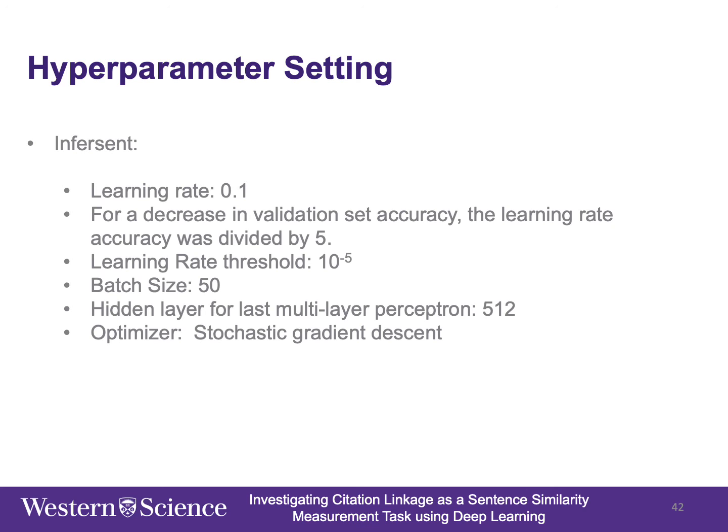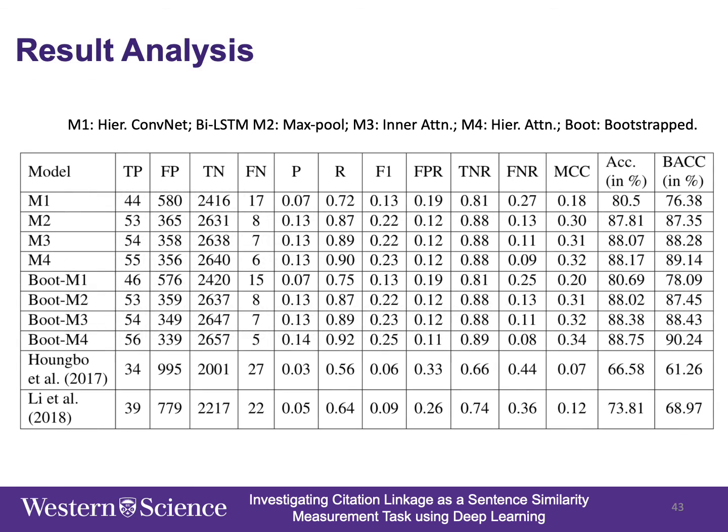For the InferSent, we started learning with a learning rate of 0.1, then we decreased it, if the validation set accuracy decreased, by dividing it by 5, and we did this till the learning rate reached 10 to the power minus 5. The batch size was 50 and the hidden representation was 512. As an optimizer, we used stochastic gradient descent.